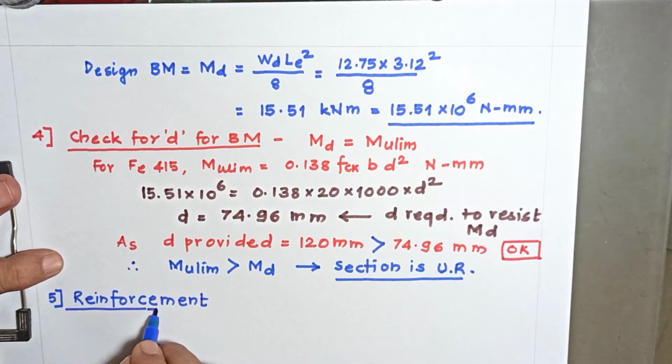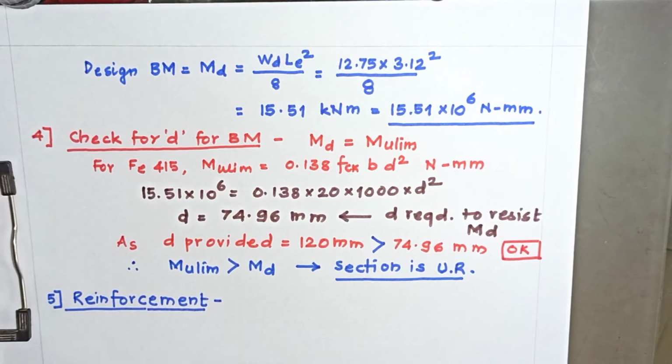Now we already know that for one-way simply supported slab, the load on the slab is transmitted in one direction only on two opposite edges.